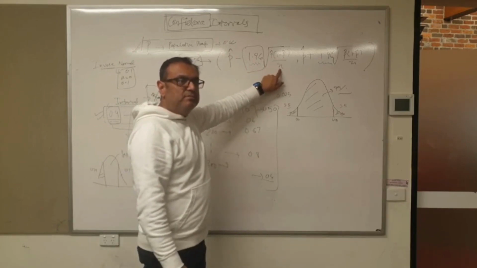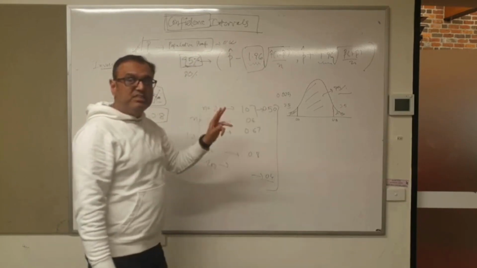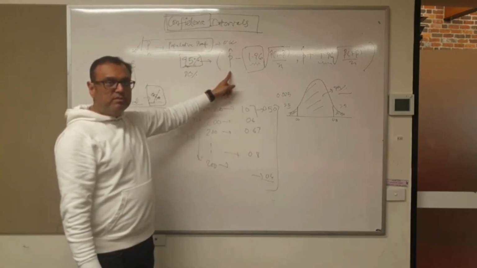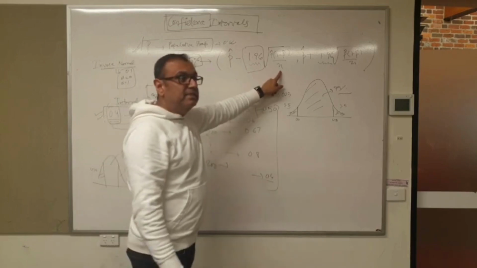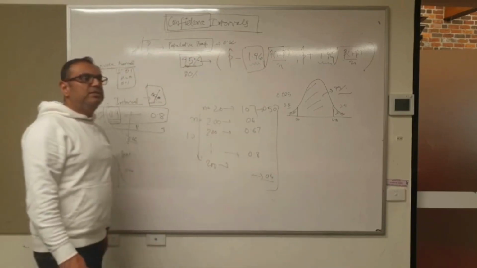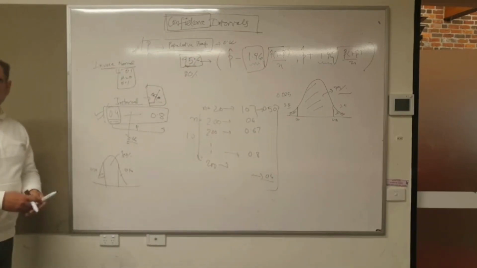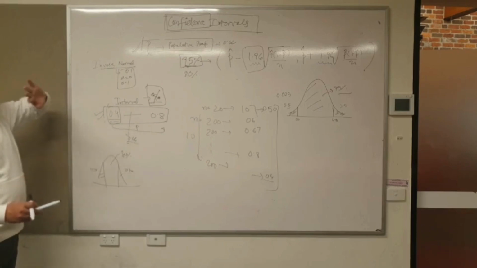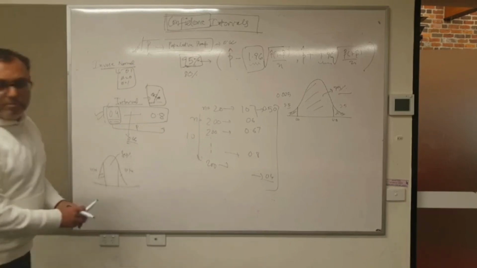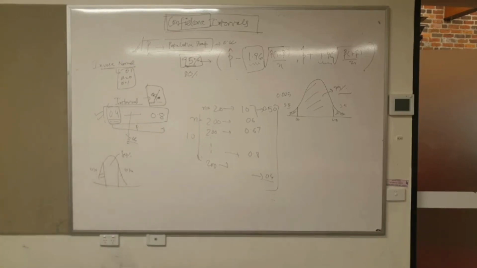That's it. So it just needs two inputs: the sample proportion and the count and the n. And then you can work it out, the interval. Any questions here? That's what confidence interval is all about. Now, all good? I'll just take this off the board.